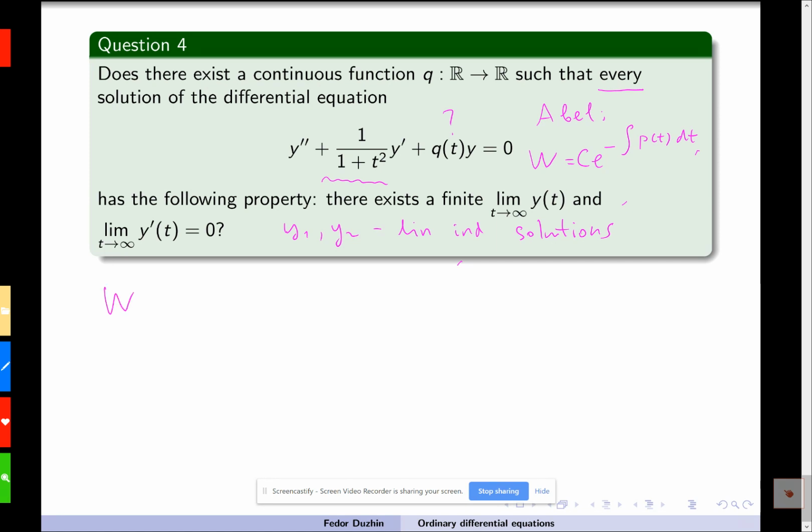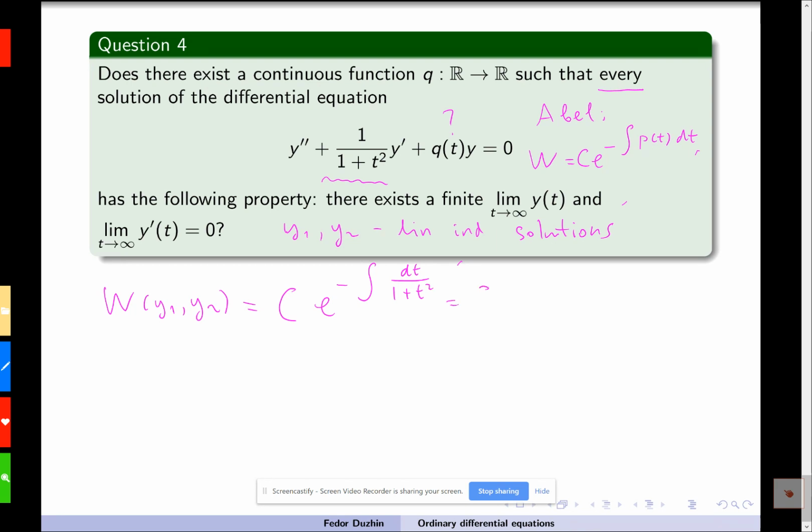Then we have the Wronskian of y1 and y2, and according to Abel's formula, this is c times e to the power minus the integral of the coefficient at y prime, which we are given. So it is dt over 1 plus t squared.